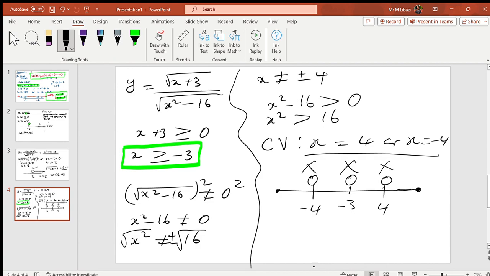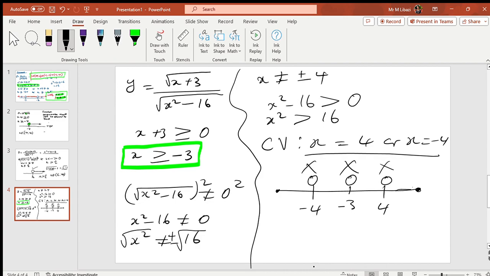So what else can we do? We can substitute numbers between negative 4 and negative 3, for example negative 3.5. To find that number easily, if you are not sure, you can add 4 and 3 and divide that by 2. You'll get 3.5. So you substitute negative 3.5 into the full equation.